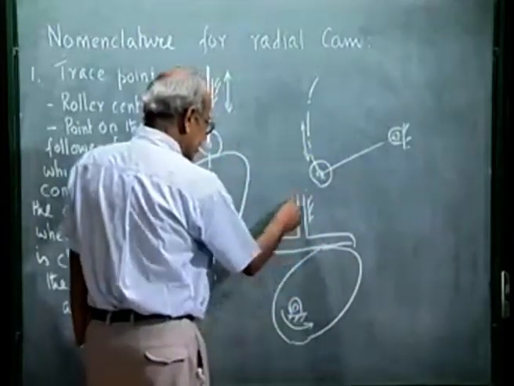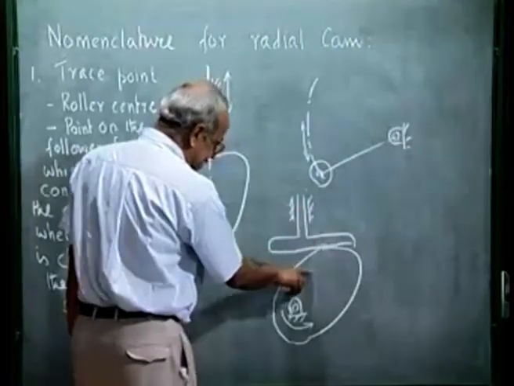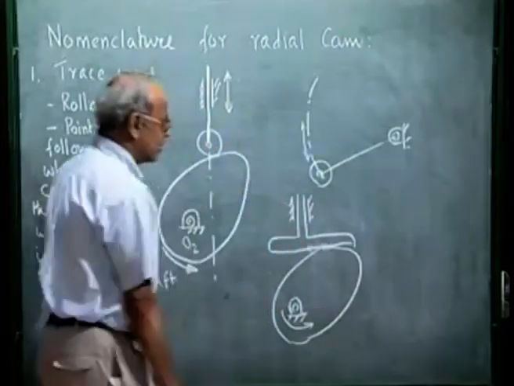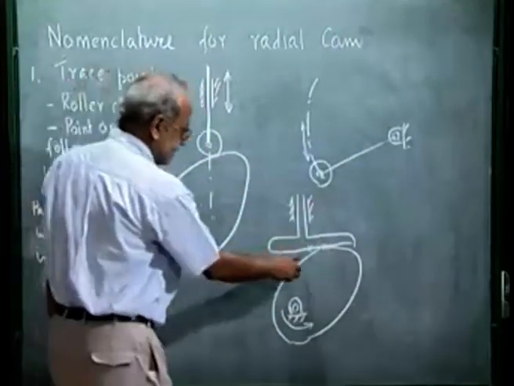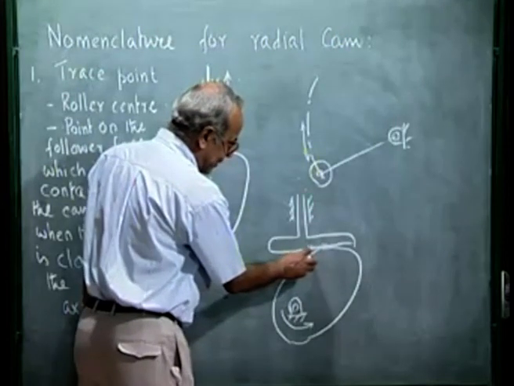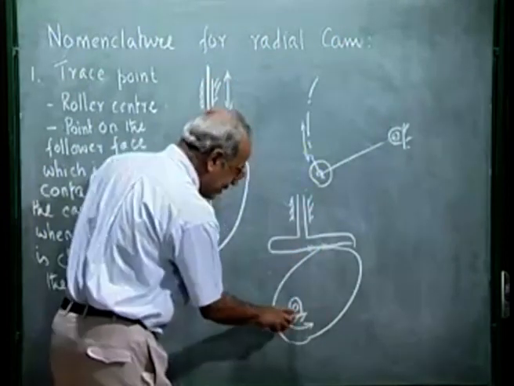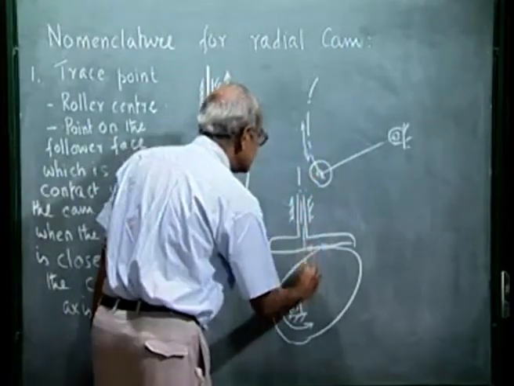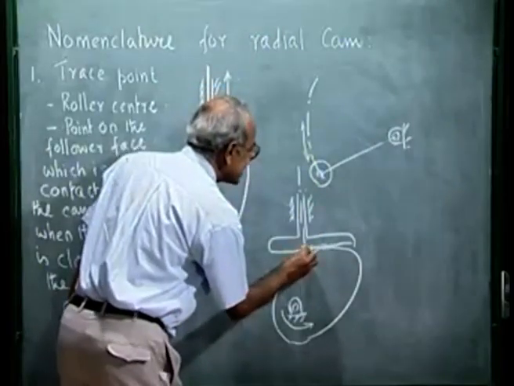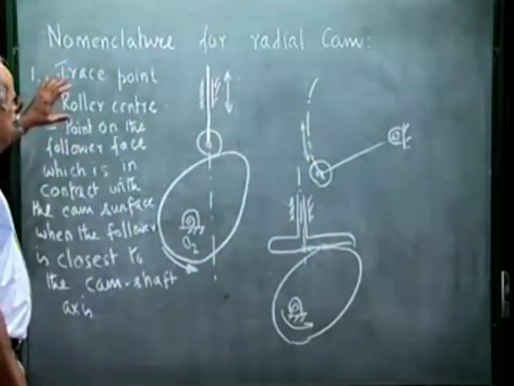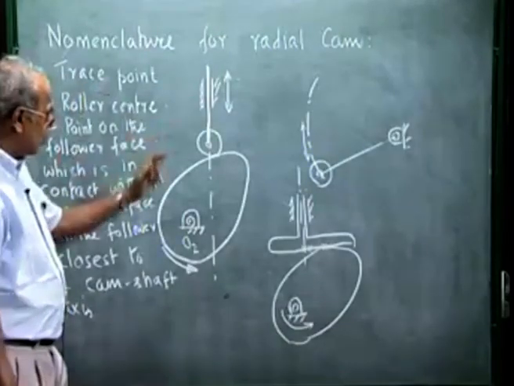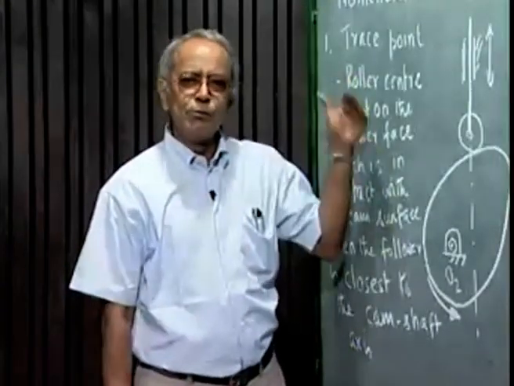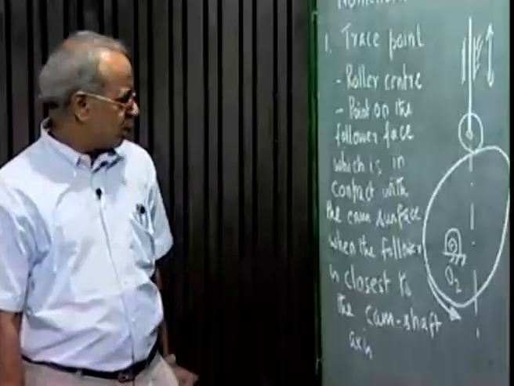So we concentrate when the follower is at its lowest position, that is closest to the cam center, whatever point on the follower face is in contact with the cam surface at that configuration, that I will use as the trace point. Or we can use this axis, wherever it intersects, this point as the trace point. So, trace point is a theoretical point on the follower which is used to describe the movement of the follower. So, that is what we call trace point.